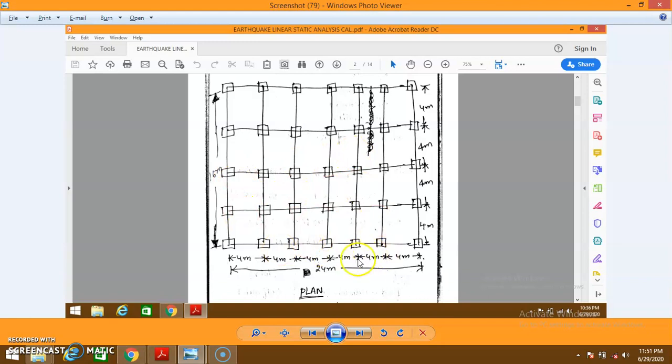Like that, in the vertical direction also, 4 into 1, 2, 3, 4, 5, 6, 7, so 4 into 7 is 28 beams in the transverse direction.